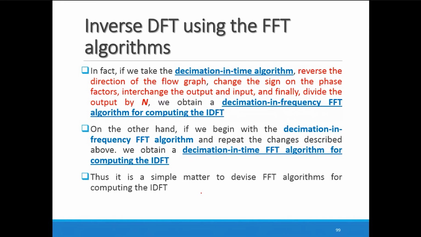Similarly, if we begin with the decimation in frequency FFT algorithm instead of the DIT FFT algorithm and repeat the changes prescribed above, the changes are: reverse the direction of the flow graph, change the sign on the phase factors or twiddle factors, interchange the output and input, and finally divide the output by N. When you apply all these changes, the DIF algorithm is converted into the DIT FFT algorithm for computing the IDFT.